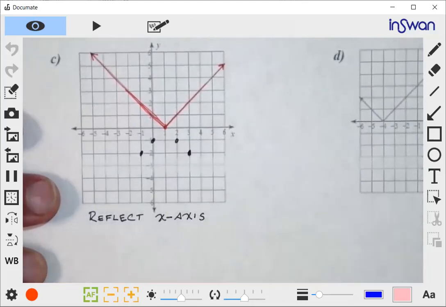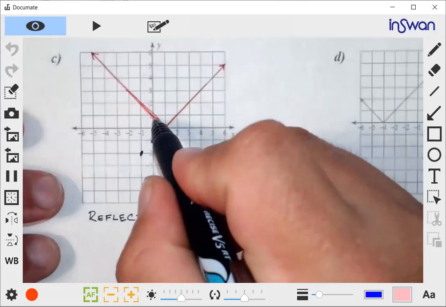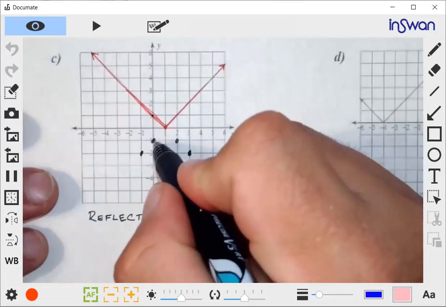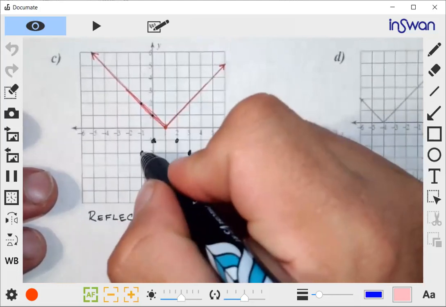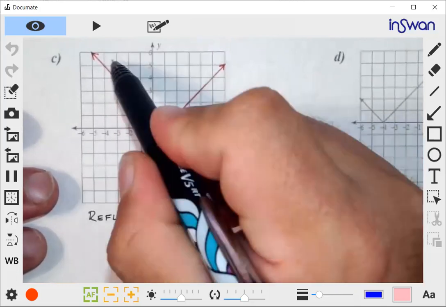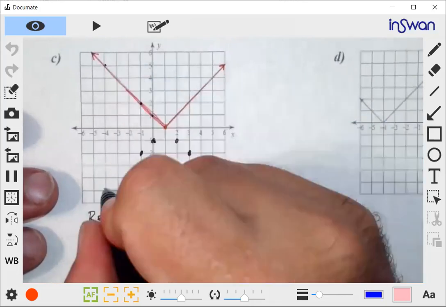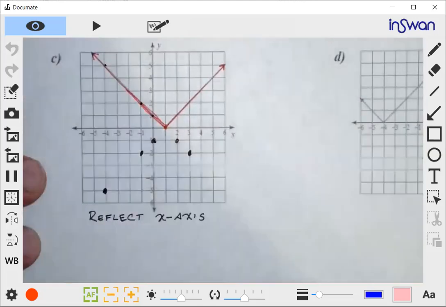And if we want to reflect in the x-axis, what I can do is I can say, hey, here's a point 1 unit above the x-axis. Let me mirror that point 1 unit below. Here's a point 2 units above. Let me mirror that point 2 units below, right? Here's a point 5 units above, so I could come back down and mirror that point 5 units below. And similarly, I can do that for other points.